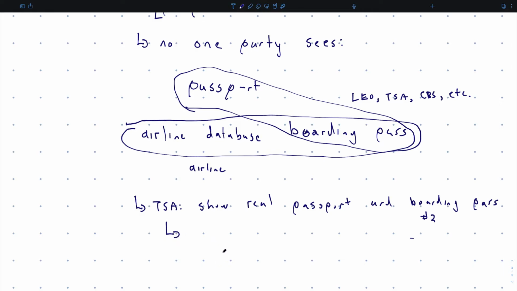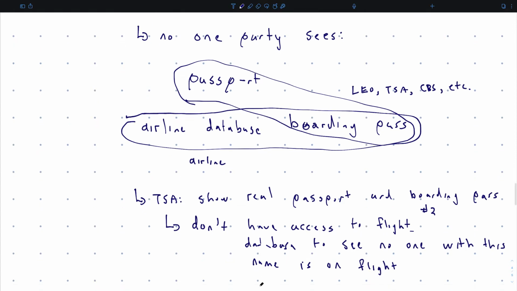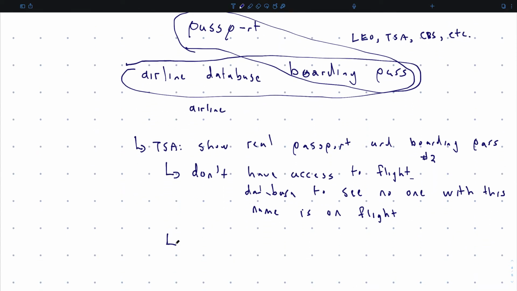And because TSA doesn't talk to the airlines, they can't check. They're also not checking the no-fly list at that point in time, or at least that's the assumption.